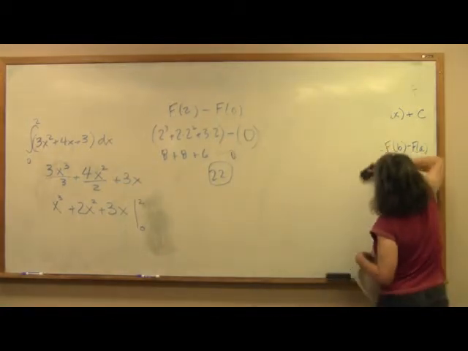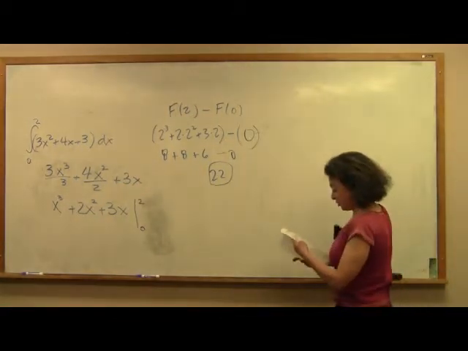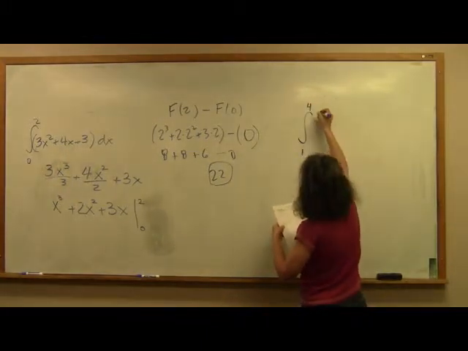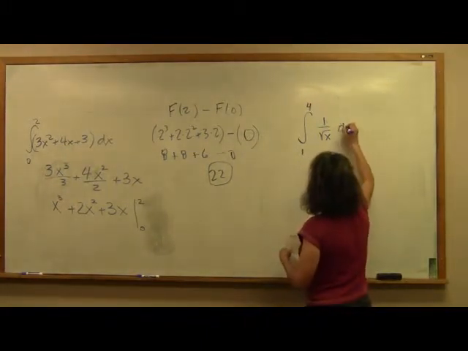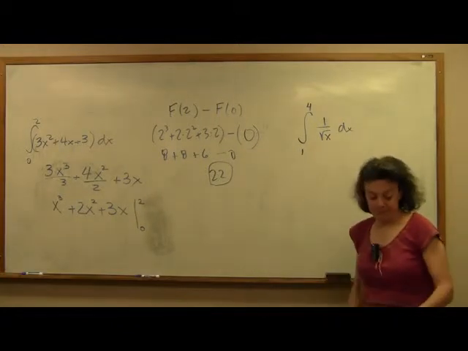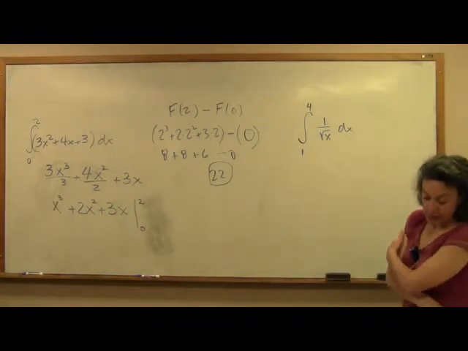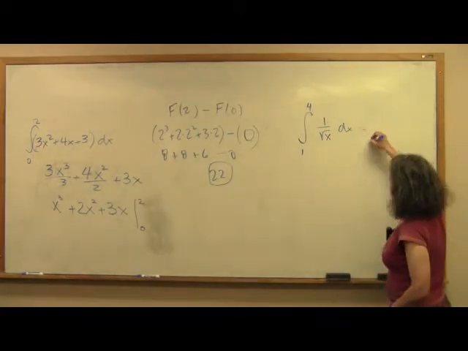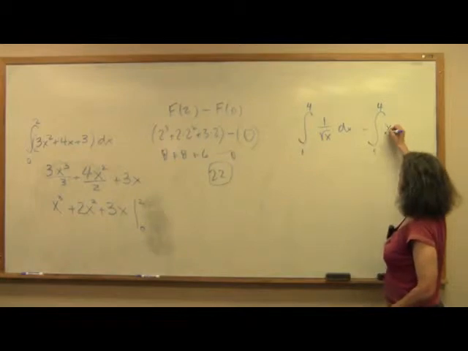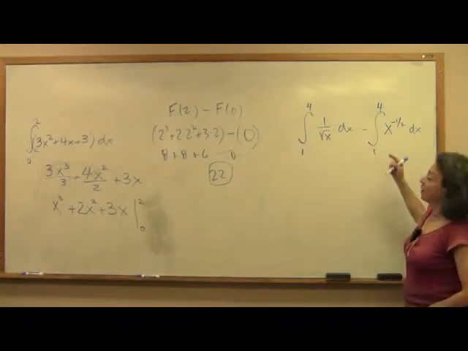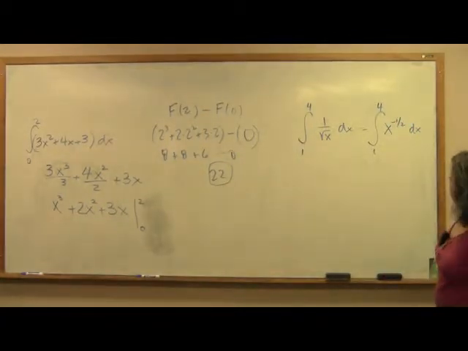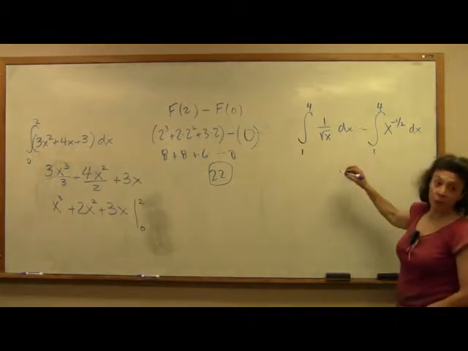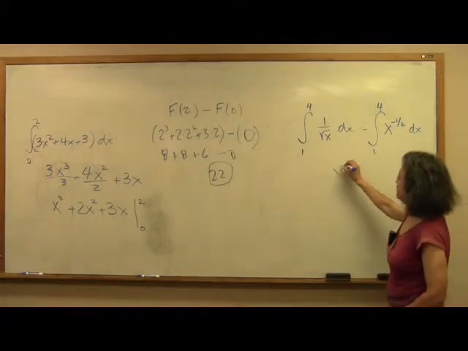Okay, let's do another one. What if I want to compute the antiderivative of, from 1 to 4, of 1 over the square root of x dx? So again, what I do is I start out by first rewriting this so that I can take my antiderivative. So I brought my x upstairs. And now what I do is I take my antiderivative here. Well, if you add 1 to negative 1/2, you get a positive 1/2.